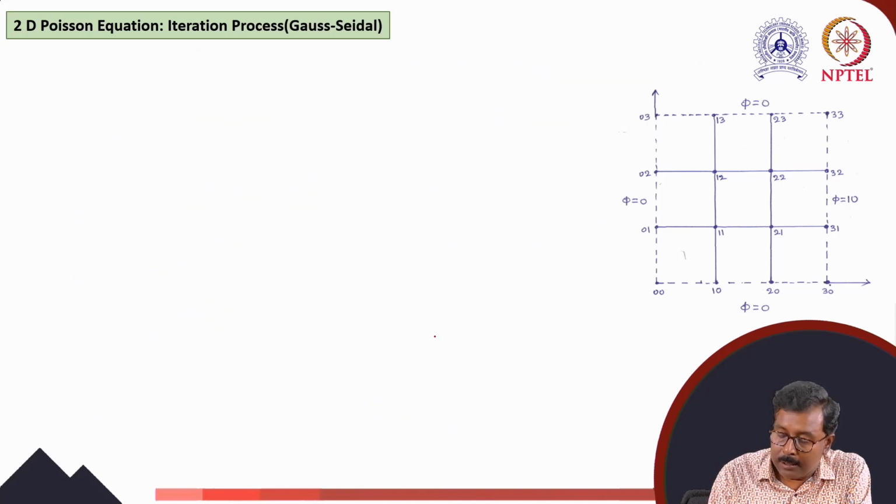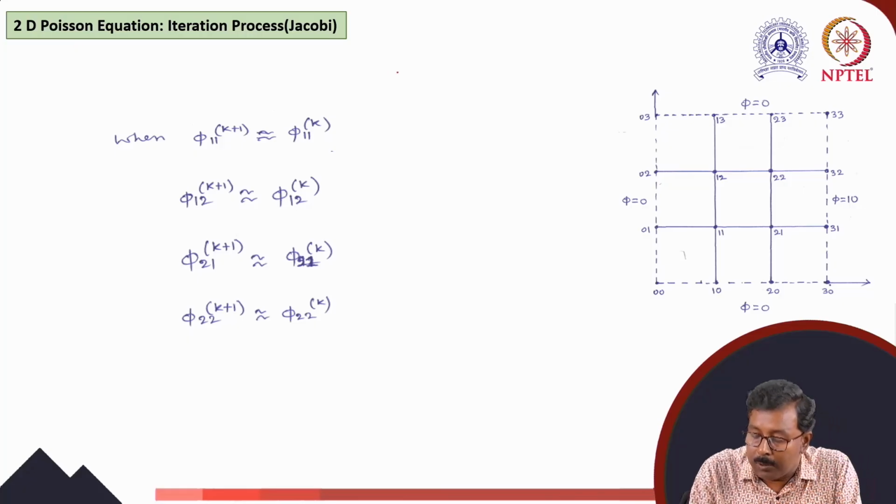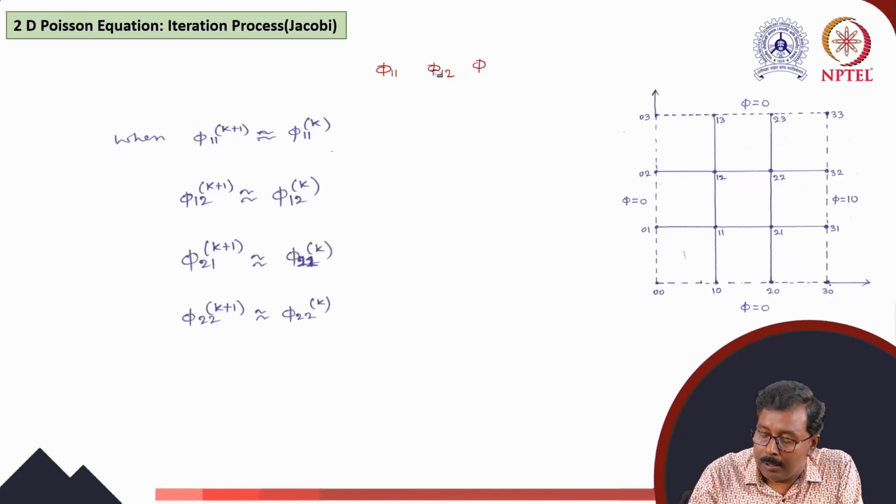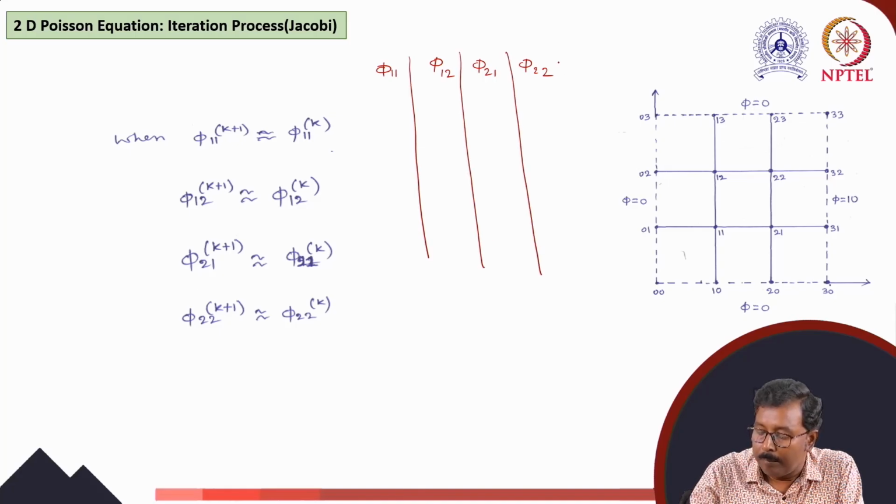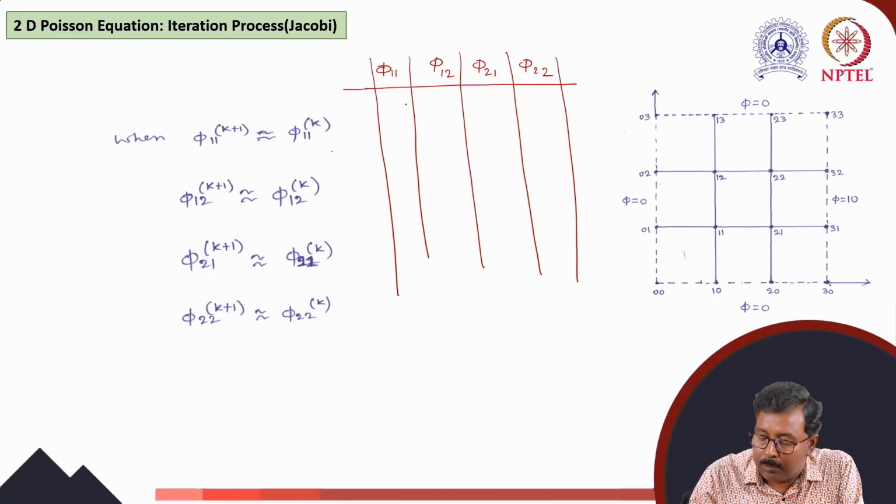Let us summarize here in this way: phi 1 1, phi 1 2, phi 2 1 and phi 2 2, and the iteration number. The initial guess was 0, 0, 0, 0.